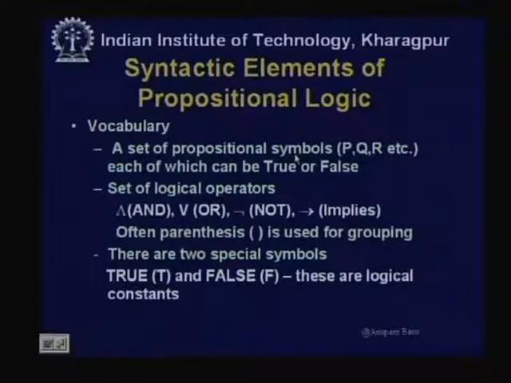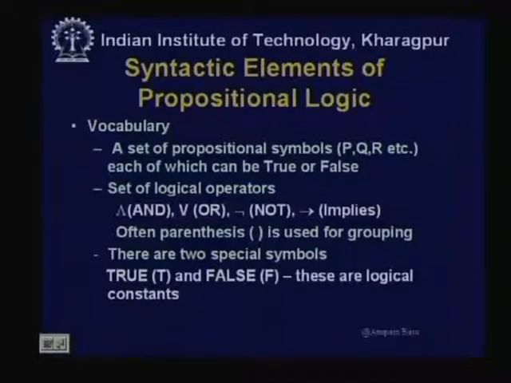Whether Anil is intelligent, Anil is hardworking, Geeta is beautiful, Sita is smart, all these propositions we can symbolically represent as, for example, P, Q, R. These are a set of propositional symbols, and as we have said, any proposition can be either true or false. So, each of these P, Q or R can be true or false.